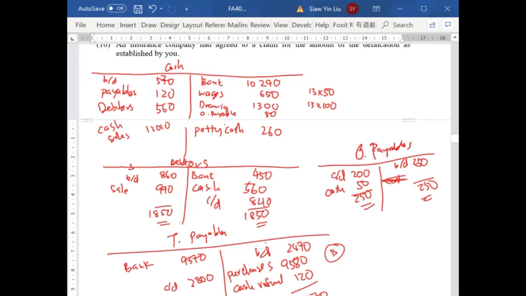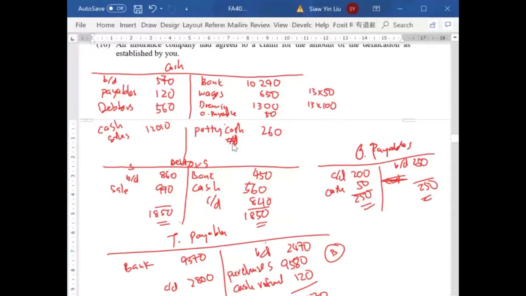After you top out everything, by right in normal conditions you should have a closing cash balance. But in this case you don't have one, because all the money that you have has been stolen.